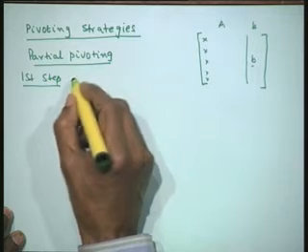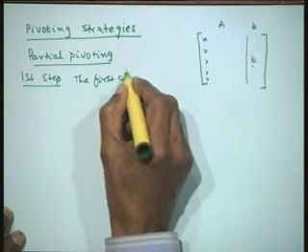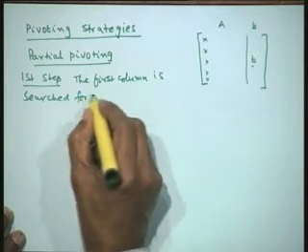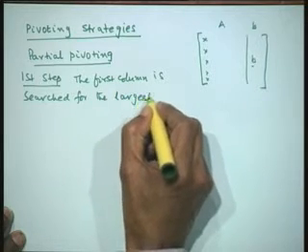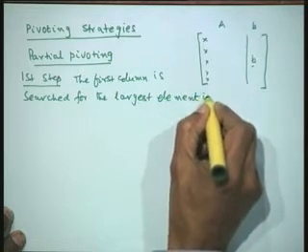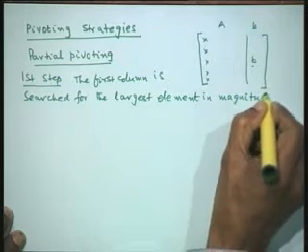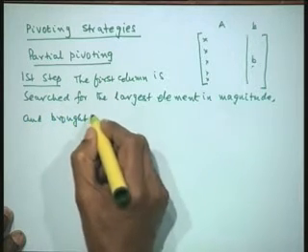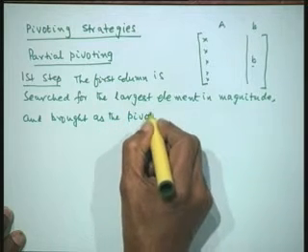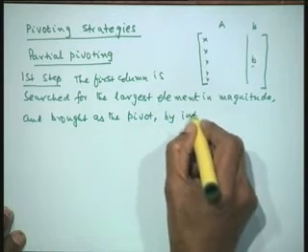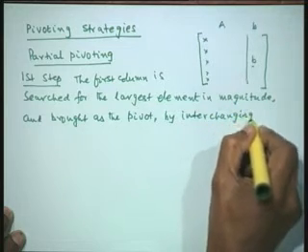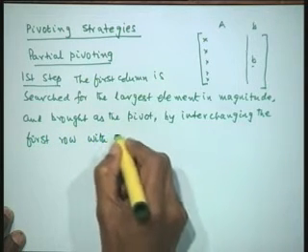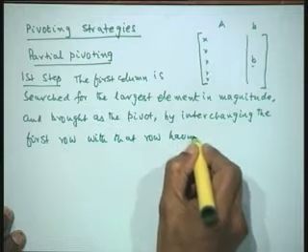That means, in the first stage, the first column is searched for the largest element in magnitude, and we bring this as the pivot by interchanging the first row with that row having the largest element.